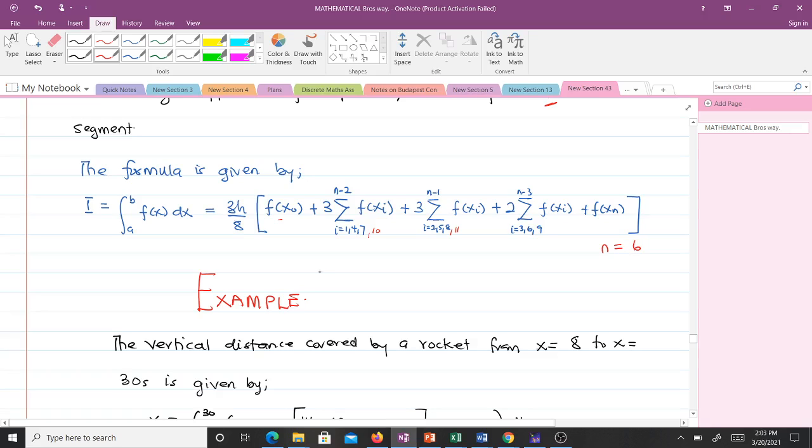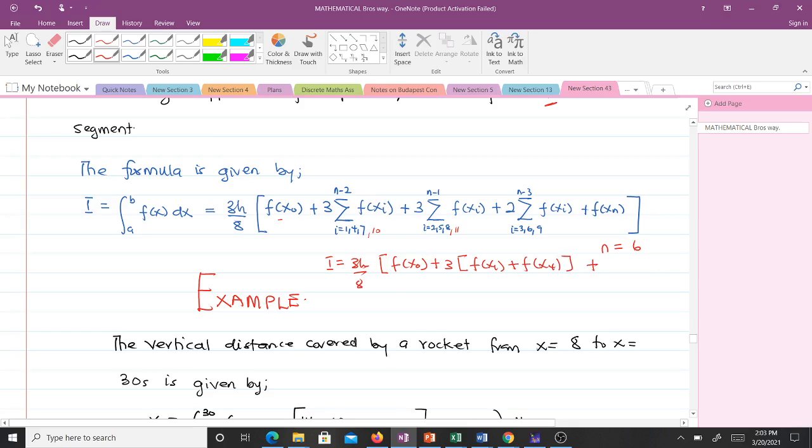So let's look at it. We get I will be equal to 3h over 8 times f of x0. Then plus 3 times f of x1 here. Then we get plus f of x4 here, because that 4 is within the range.